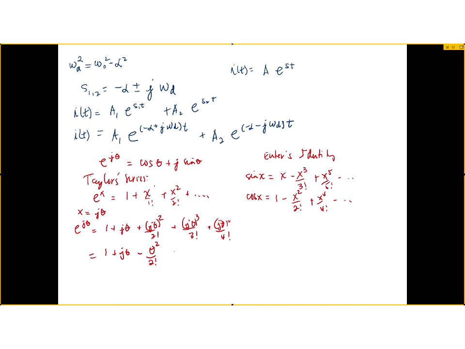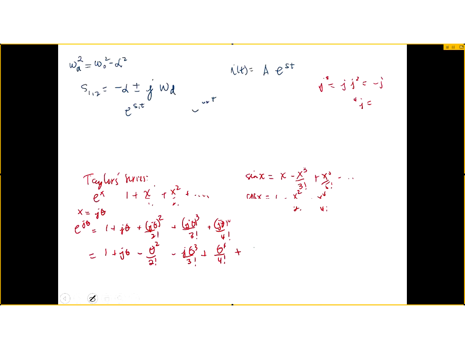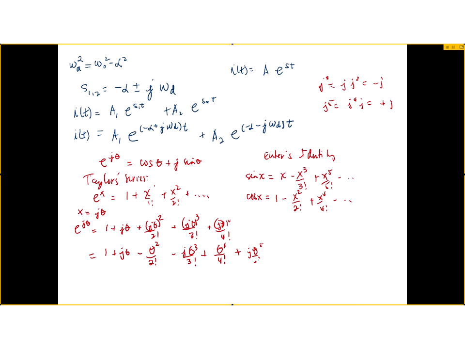What is j cubed? j cubed is negative j, since it's j times j squared. So it's going to be negative j theta cubed over 3 factorial. And what is j to the 4th? It's positive 1, so it's theta to the 4th over 4 factorial. What is j to the 5th? It's the same as j to the 4th times j, so it becomes positive j. You understand where I'm going with this?